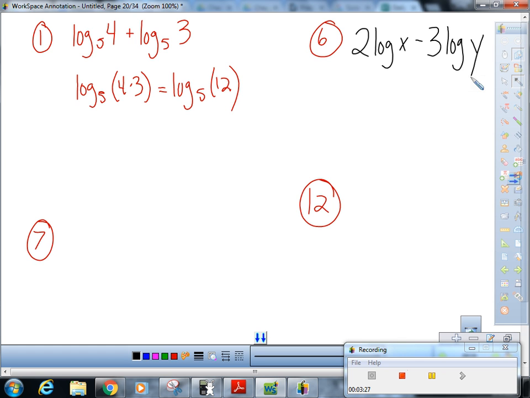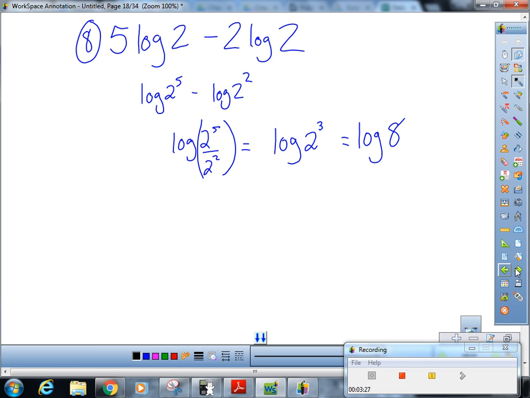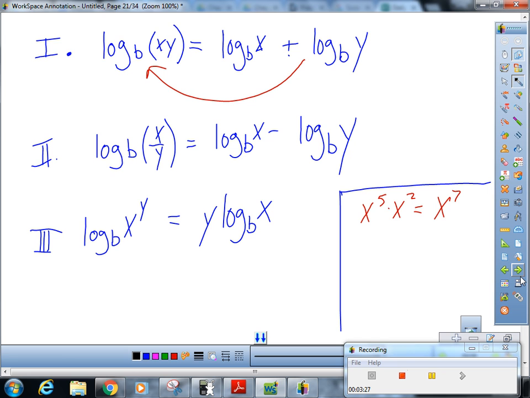Well, the first thing we're going to do is we are going to use the third law, the third rule. Okay? So if we have something in front, we can put it where? We can put it as an exponent.